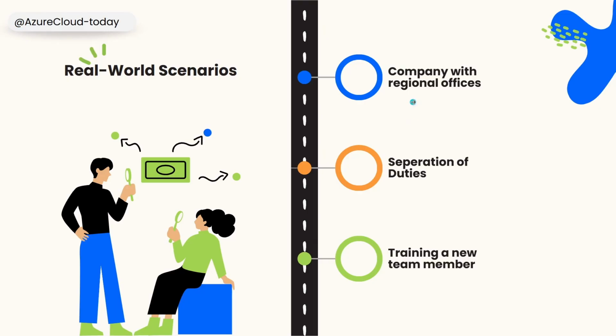Scenario 1: mid sized company with regional offices. A company over here has 500 employees across Dublin, London, and Berlin. Each office has one local IT person. Using RBAC, you assign the Help Desk Operator role to each local IT person and use scope tags to limit their access to only the devices in their office.